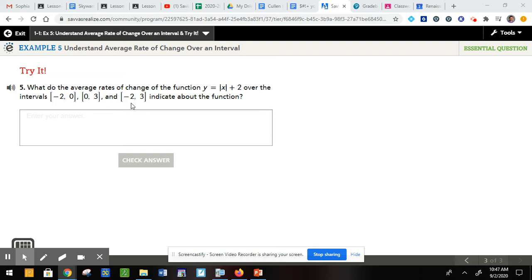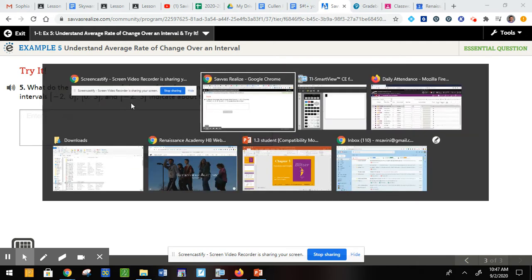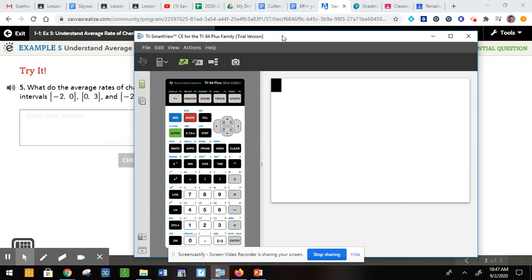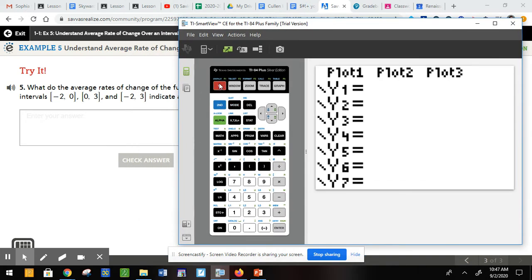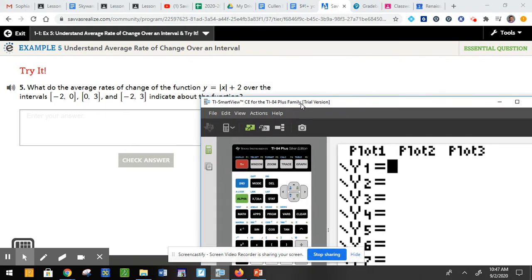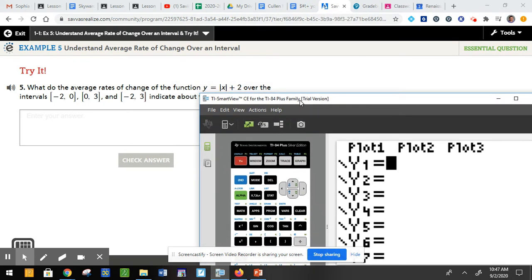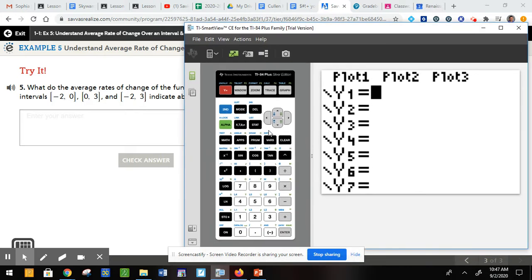Let's graph the function. Now I actually know how to have the calculator on the screen for you while it's recording. So let's just graph the function to specifically talk more about this one. The equation is y equals absolute value of x plus 2. The way you get absolute value on this calculator, you hit the math button.